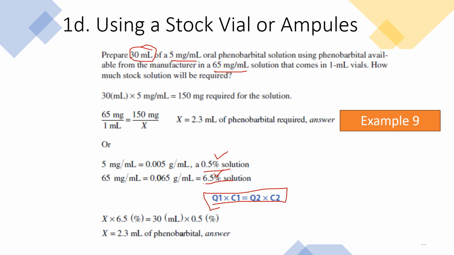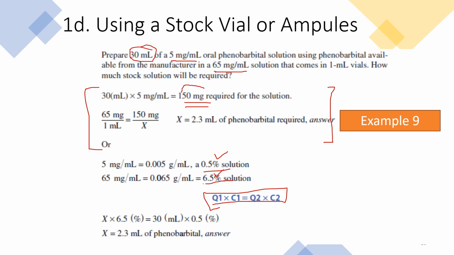Or you can use the first solution, which is for you to understand. The first one, they want you to prepare 30 ml from 5 mg over 1 ml. So 30 ml from 5 mg per 1 ml equals 150 mg. However, the next statement informs you that phenobarbital from the manufacturer has 60 mg per ml.